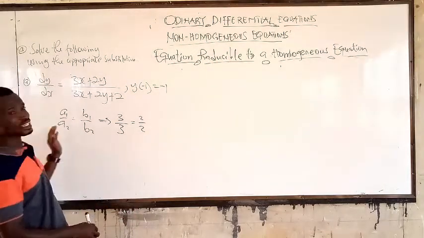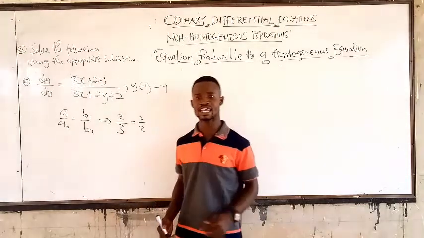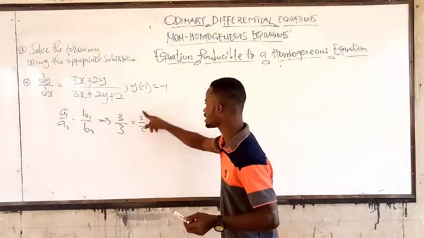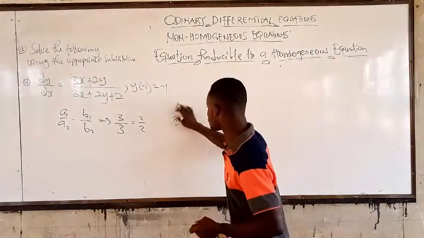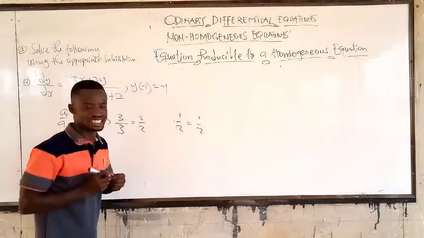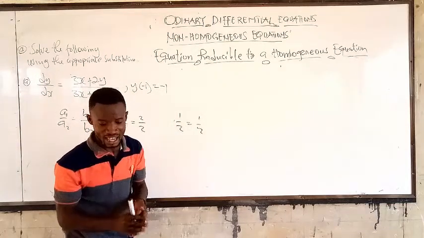So this question falls under case 2. Don't forget, it's not case 2 because here is 3, here is 3, here is 3, here is 2. No. Even if you get half equal to half, the idea is that the whole of this is equal to this. Is that clear? Very good.